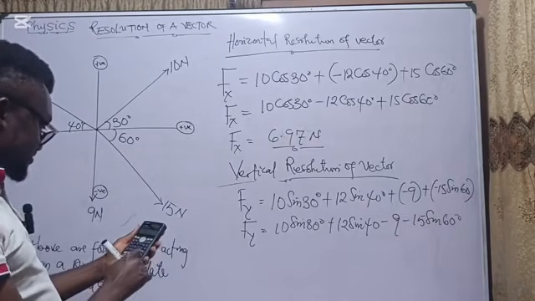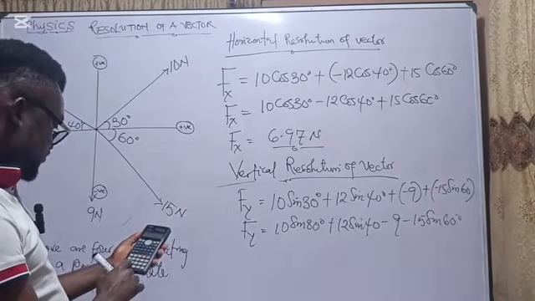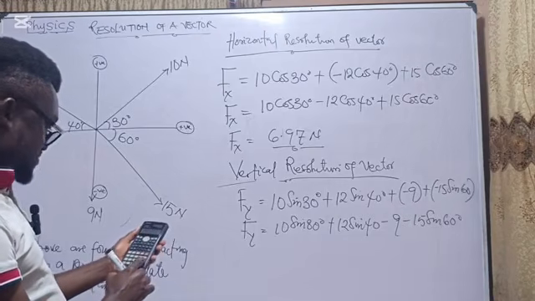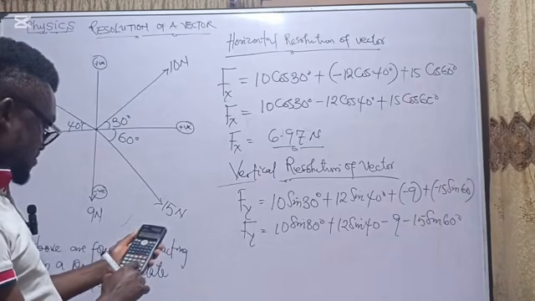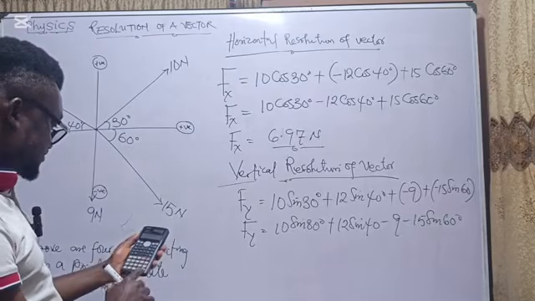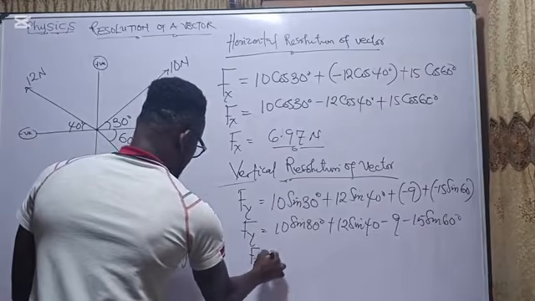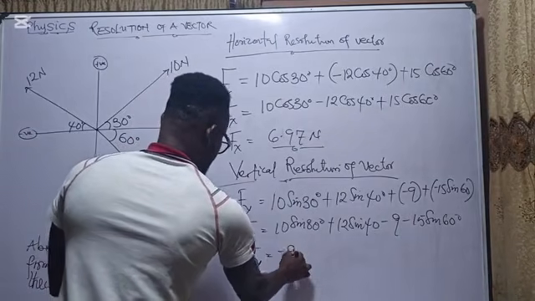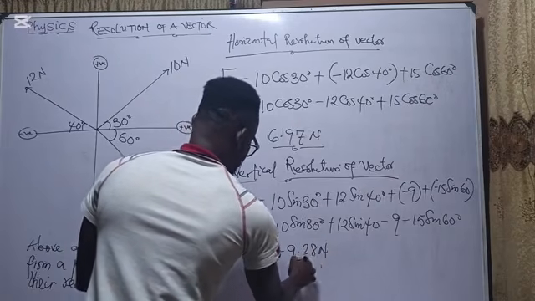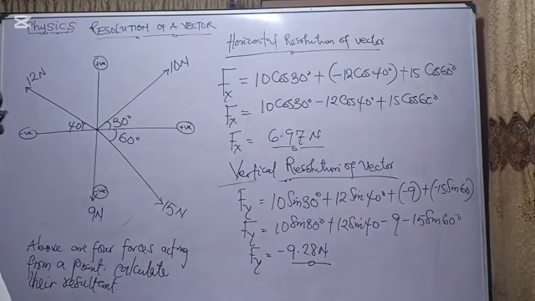We have 10 sine 30 plus 12 sine 40 minus 9 minus 15 sine 60. So in that case, we have Fy equal to minus 9.28 Newton. So that gives the vertical component of the vector.